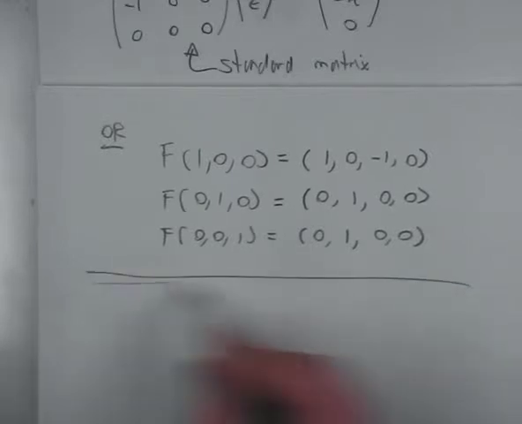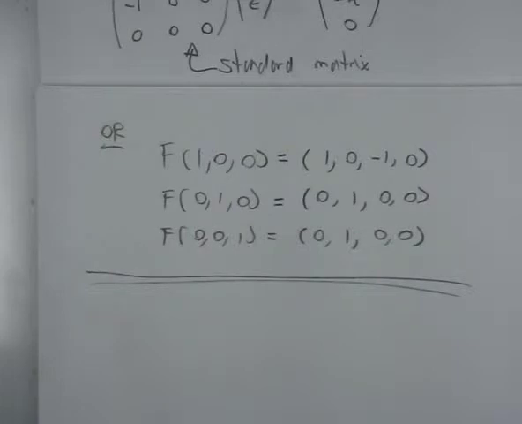So now that we have a matrix, we have this awesome thing that says that the kernel of the transformation is the same as the null space of the matrix.